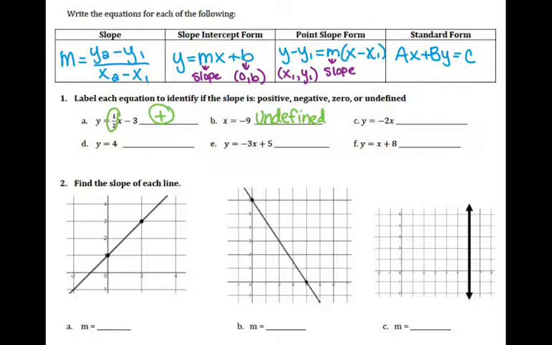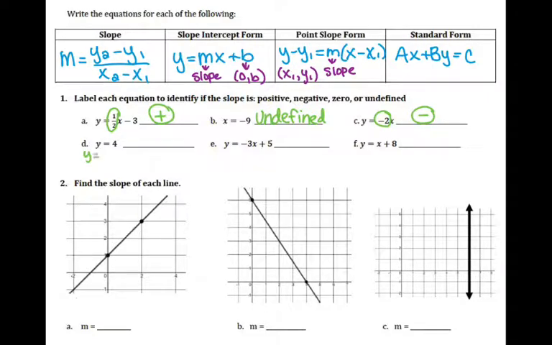For letter C, y equals -2x. This one, once again, is in slope-intercept form, so the number in front of my x represents my slope. In that case, it is negative. Letter D, y equals 4. You can think of it one of two ways. It is actually in slope-intercept form.